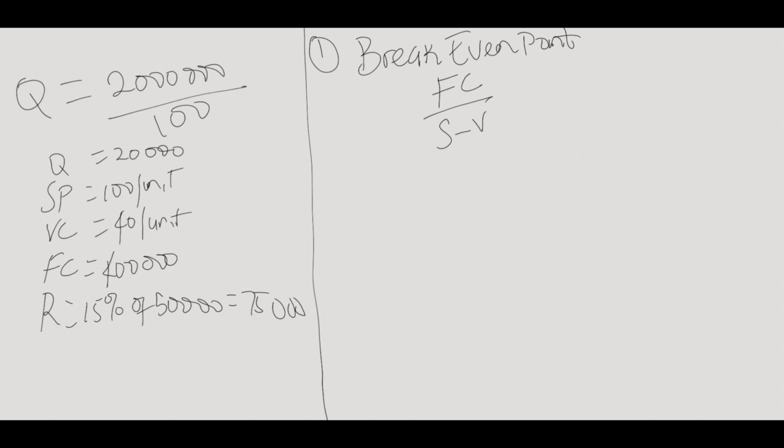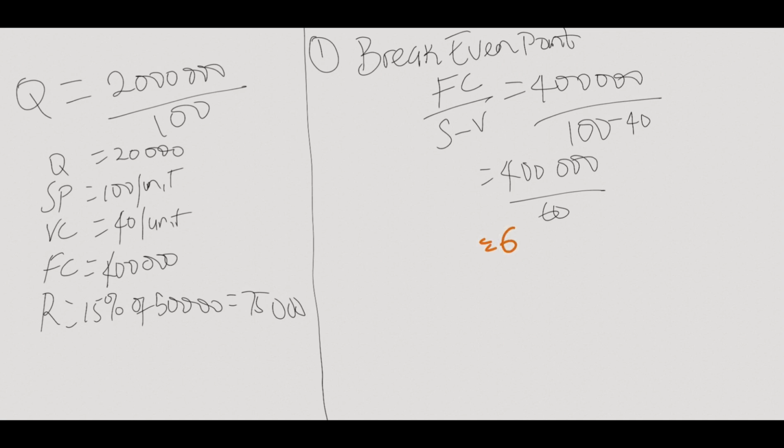So the fixed cost from the question is 400,000, divided by 100 minus 40, which is 400,000 over 60. That will give us 6,667 units.